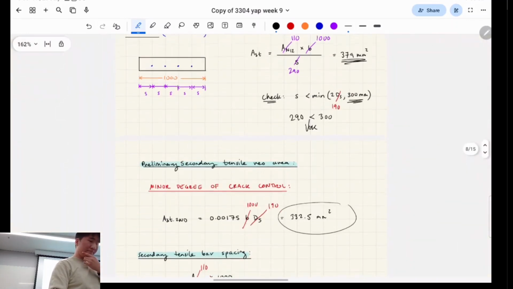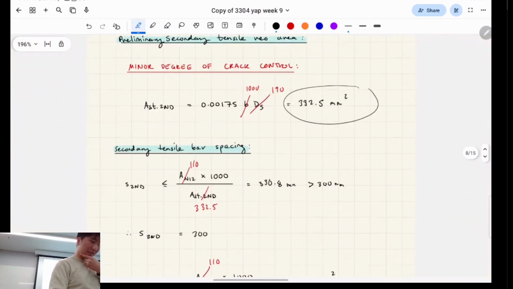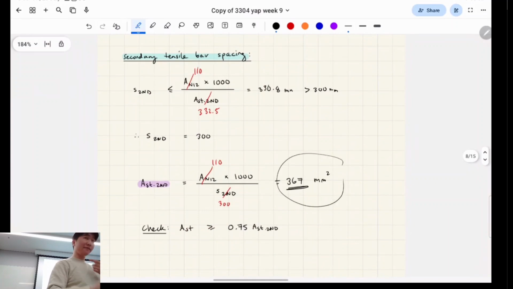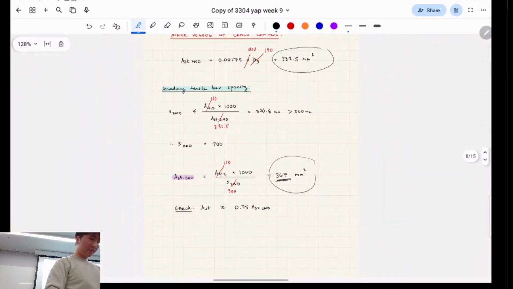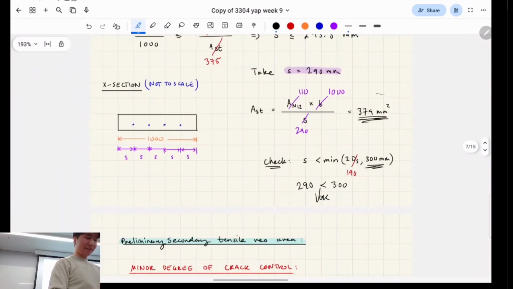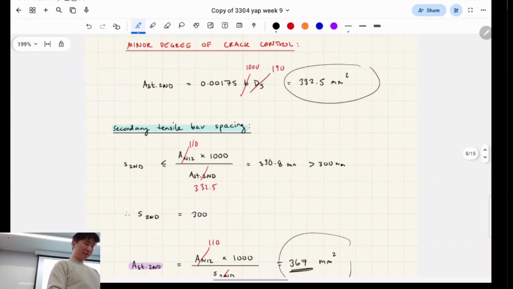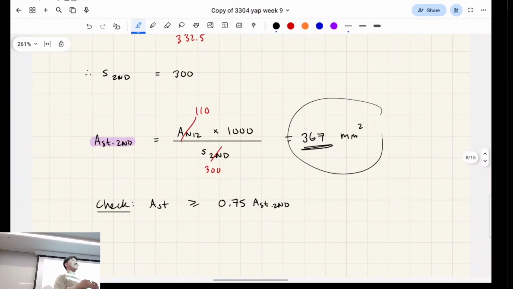But just keep in mind, 367 is the secondary steel area, and 379 is the primary steel area. There is a rule that we have to check. We can have more secondary steel than primary steel, but only by a factor.